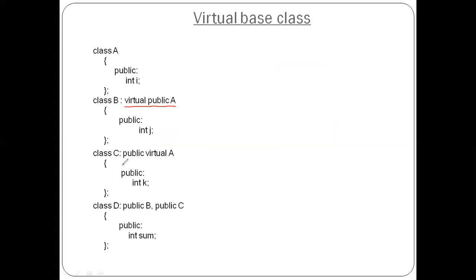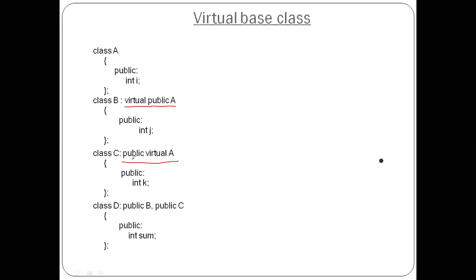This is the first way and this is the second way: either use the virtual keyword before public, or the second one, public virtual A. Both are valid. If you are comfortable with the first one, virtual public A, use that, or the second one, public virtual A.